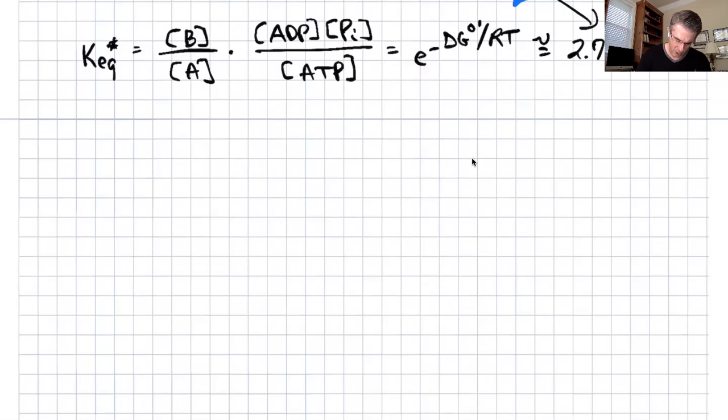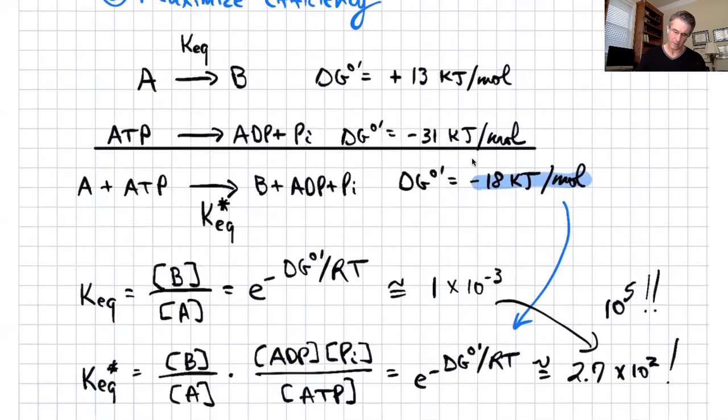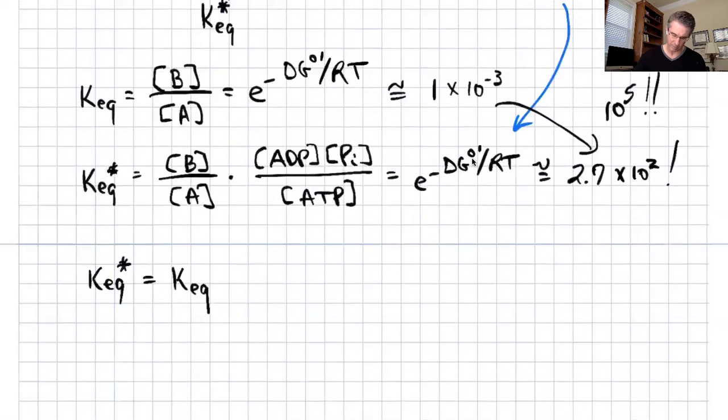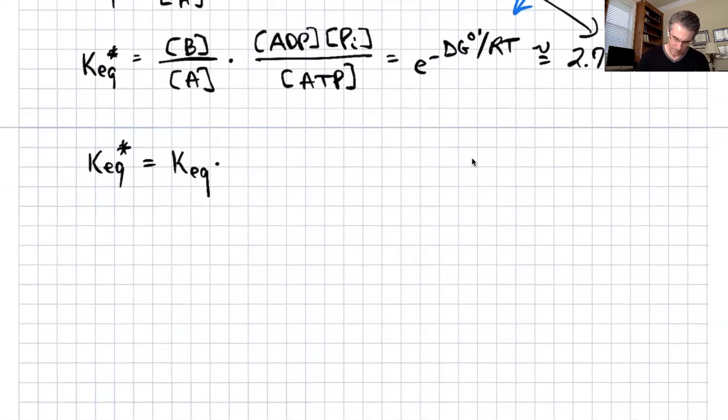So remember that KEQ prime, or KEQ star, would just be equal to the KEQ, the equilibrium constant for the reaction on its own, which is unfavorable, times the equilibrium constant for the hydrolysis of ATP, again at equilibrium.